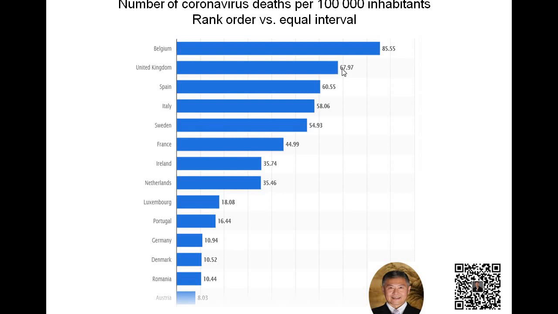Precisely, they have 67.97 cases per 100,000 inhabitants. These are equal interval variables. A case is a case. Two cases will be twice as many as one case. 4 cases will be 4 times as many as one case. You can do math on this equal interval variable.